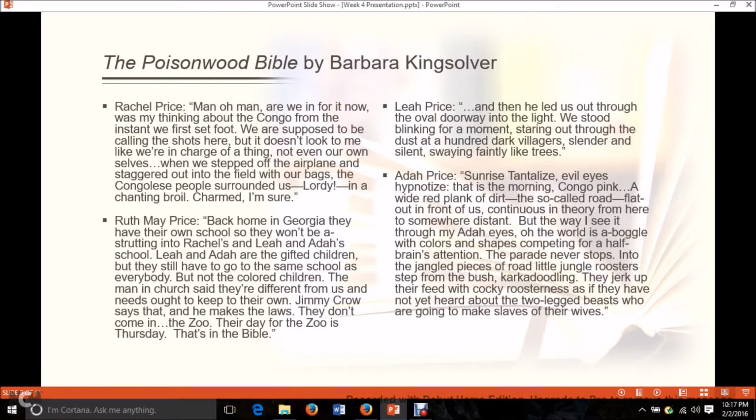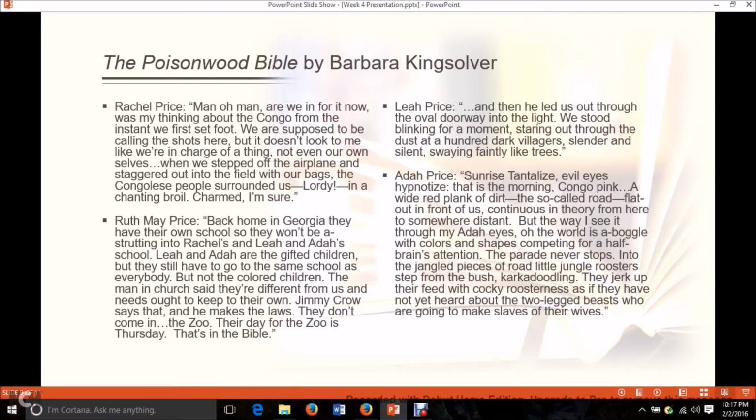So these are the four different voices, and I think it's a really cool way to see how an author can utilize style in a very specific connection with characters. A lot of times authors have the same style in many different pieces of writing, but here Barbara Kingsolver has utilized different styles, not only within separate books, but within one book.